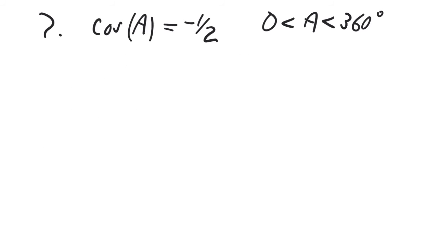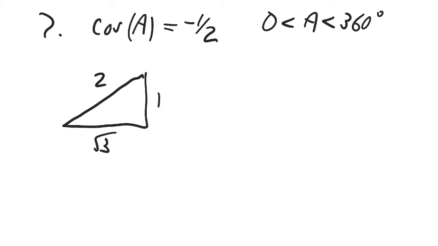In number 7, they say the cosine of A is equal to negative 1/2. What various angles A can actually make that a true statement? So again, a small drawing will help me. This is 1 and 2 and root 3 in a right triangle, and the angle A has to be this one right here. So there's a drawing where the cosine of A equals 1/2, and that angle is a 60-degree angle.